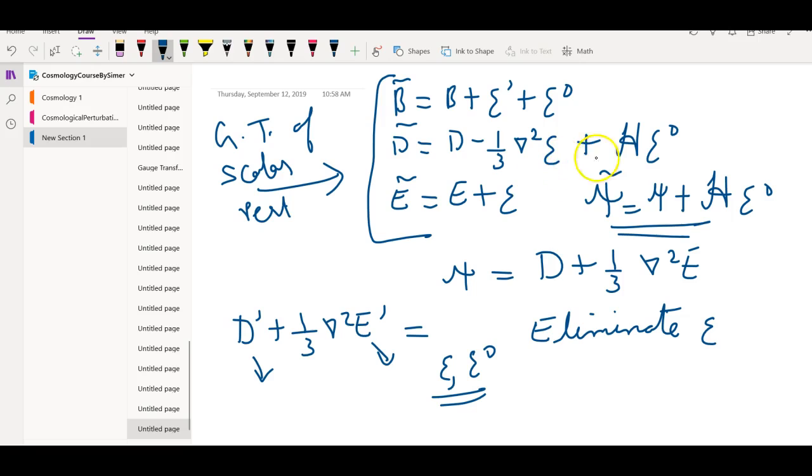When I eliminate xi, the relationship that I get will be independent of xi, and that will be a relationship of gauge invariant terms, because xi is basically the gauge transformation vector. So any equation that does not contain xi will be gauge independent. Let us see how we can eliminate xi.